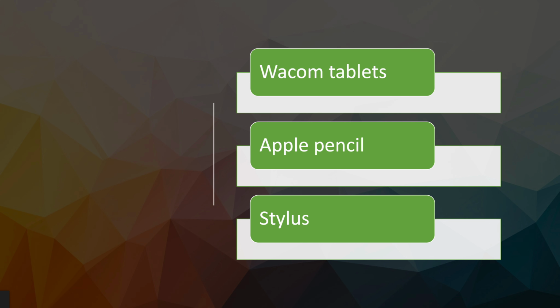If you're a teacher that uses Zoom to deliver lessons and you need greater control when writing, such as a science teacher or a math teacher may need when writing equations, then you may want to consider getting a stylus and a tablet, such as the Wacom tablets, or if you have the Apple Pencil and iPad, or any stylus and tablet that connects to the computer should be able to work as well.